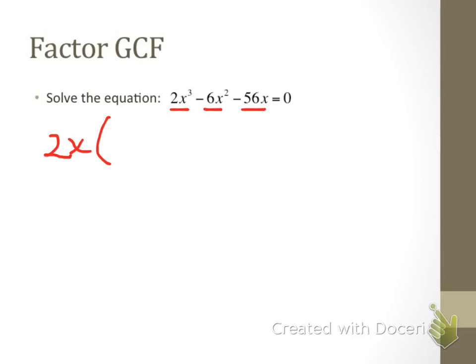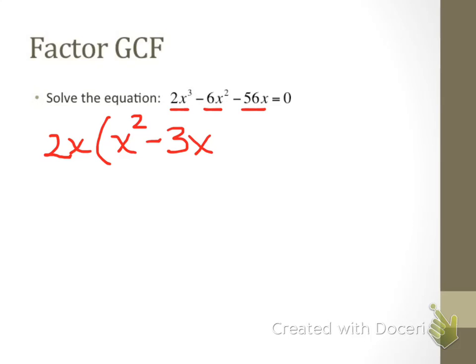So if I factor that out, then the 2x cubed divided by 2x will leave me with an x squared. The next term of negative 6x squared divided by 2x will give me a negative 3x.